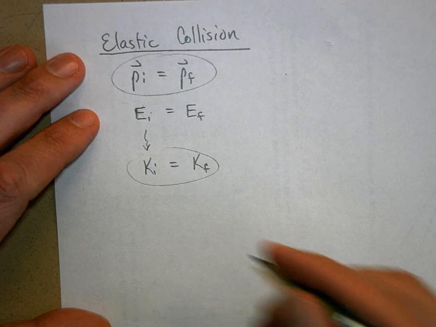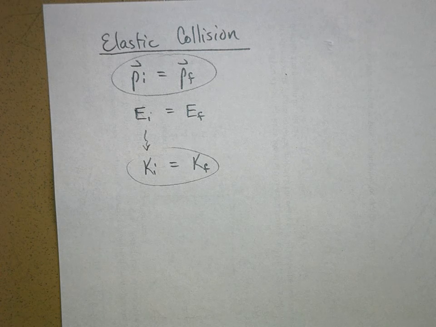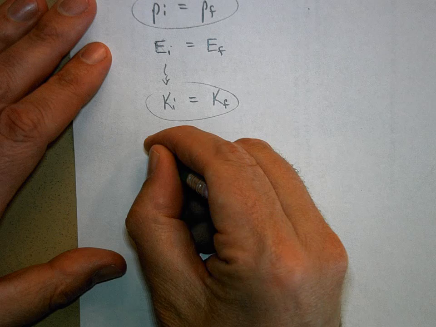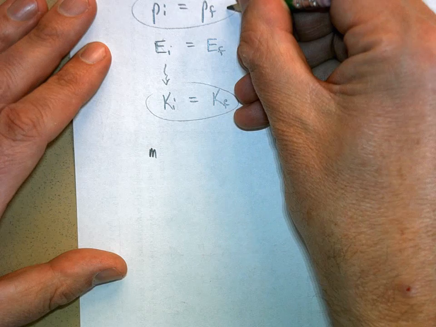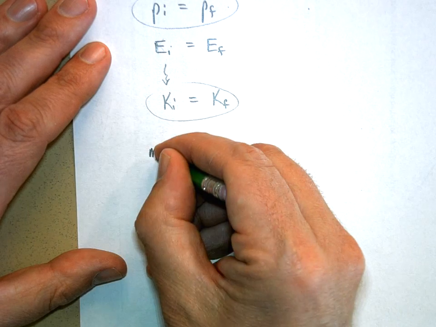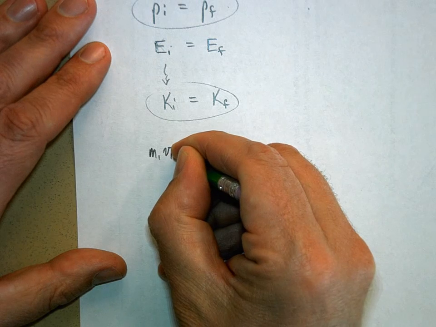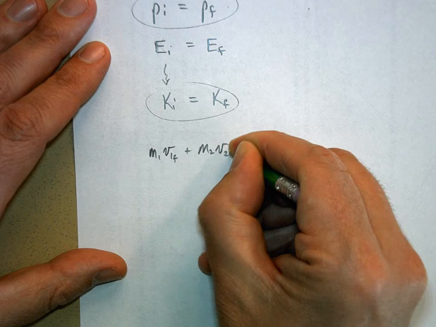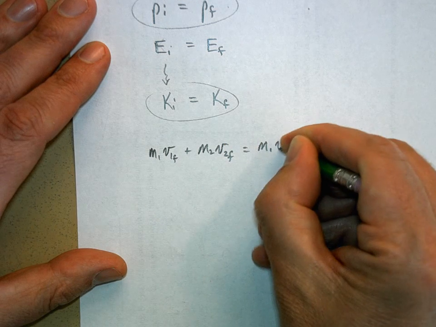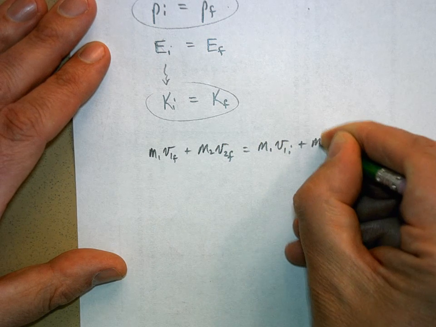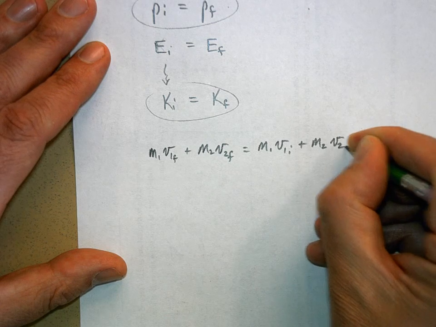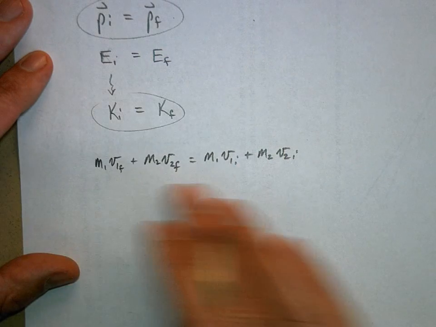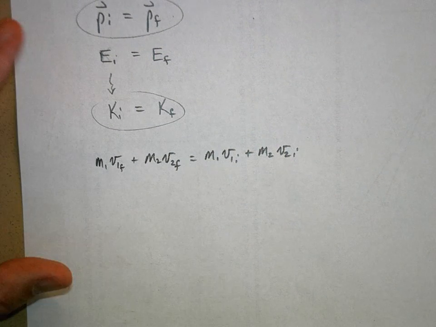If I have a two-particle collision that's elastic, I have these two equations. The initial equals the final momentum, so m1 v1 final plus m2 v2 final equals m1 v1 initial plus m2 v2 initial. Oh, I switched the order here. It doesn't really matter. Now that's true. And then you also have this for kinetic energy.